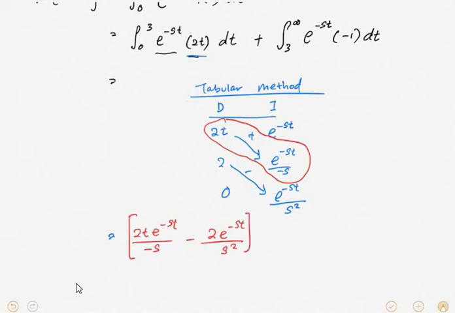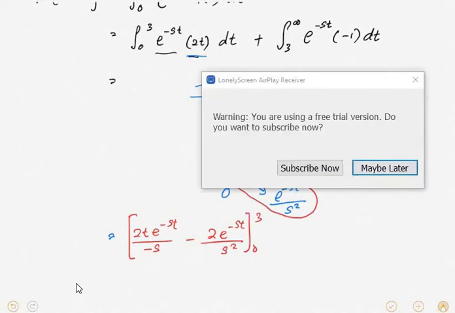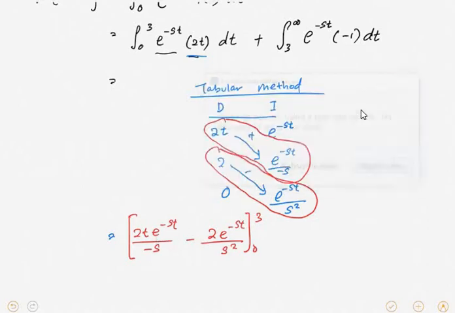So this one will be from 0 to 3. And then you minus because of -1, so minus the integral from 3 to infinity of e^(-st) dt.